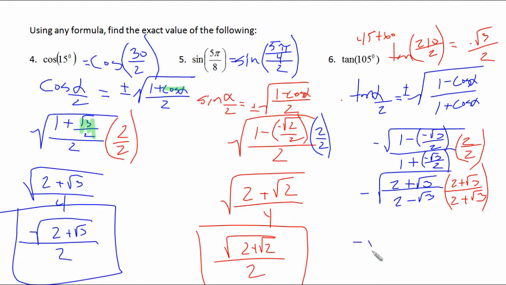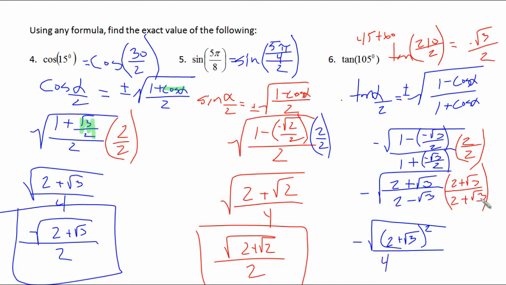And I have the negative hanging out here. I distribute that through. A couple different ways to think about this. Notice here I'm multiplying this by itself, so I could think of this as 2 plus square root of 3 squared, which you'll see is going to simplify some of my work here. And then I distribute these, so I get 4.